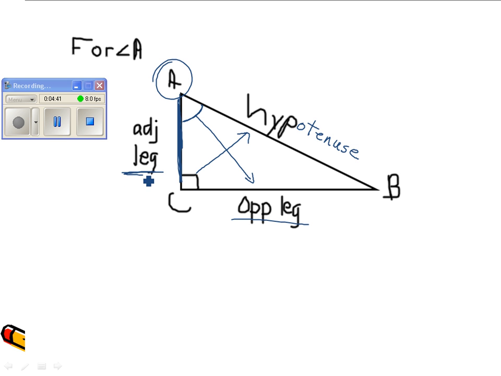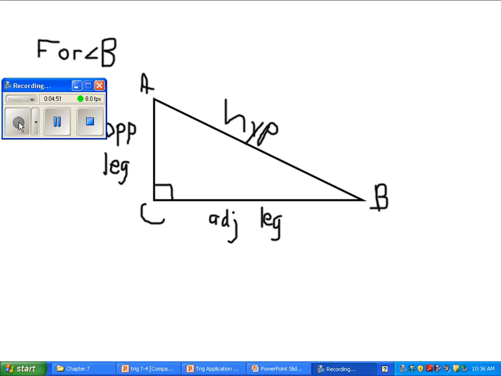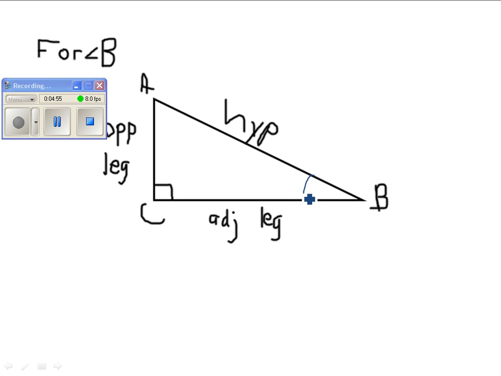So go through, just like in the 30, 60, 90 and the 45, 45, 90, very first thing you should do is label all three sides with those three labels. If we switch over to angle B, so now we're dealing with this angle. Side across from that, it switches. Now this is the opposite leg in that same triangle because we're dealing with the different angle down here.